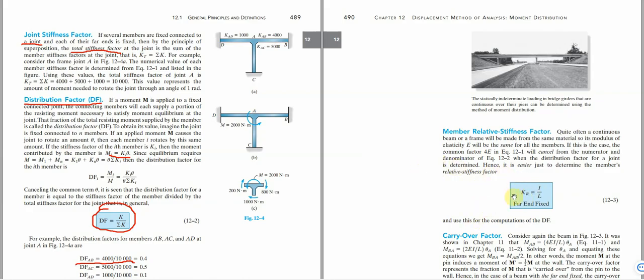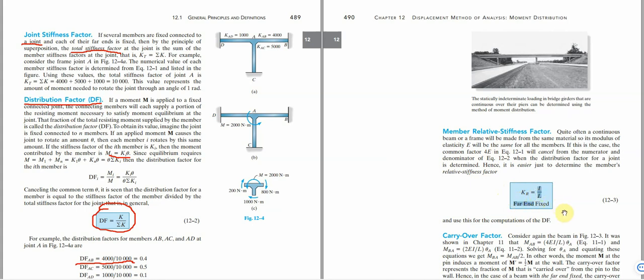When it is having the same material composition, the relative stiffness factor will be I over L. What it means is that because it's the same material, the theta A or whatever it is will cancel each other. The common factors will cancel each other, and we'll be left with just I over L, because that's for the far end fixed.